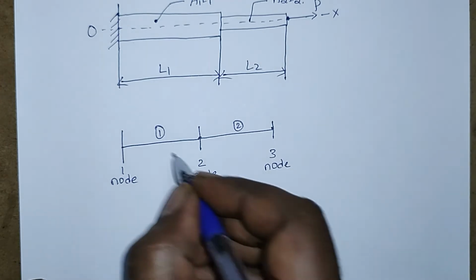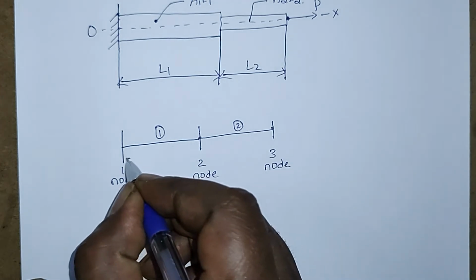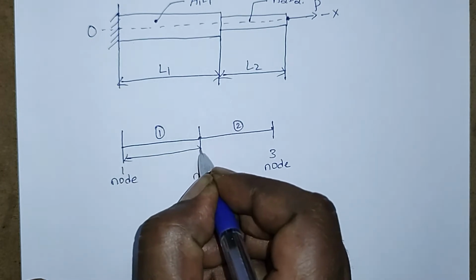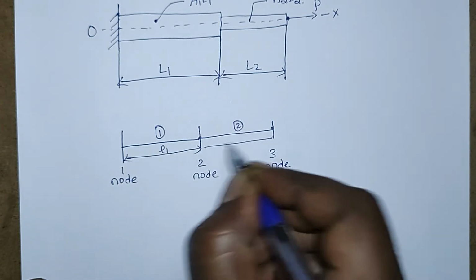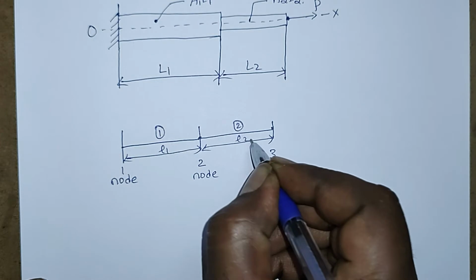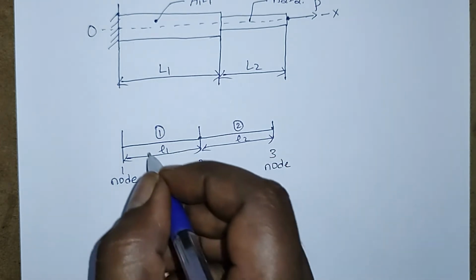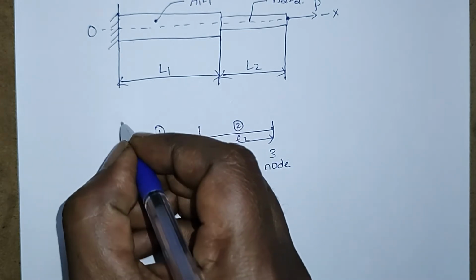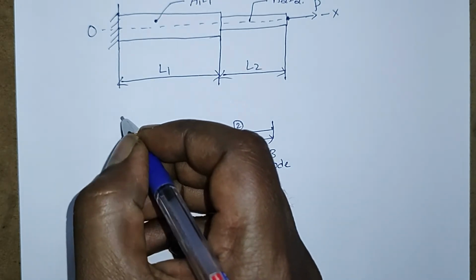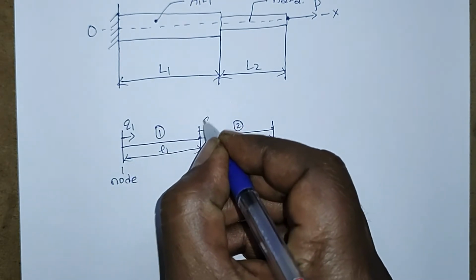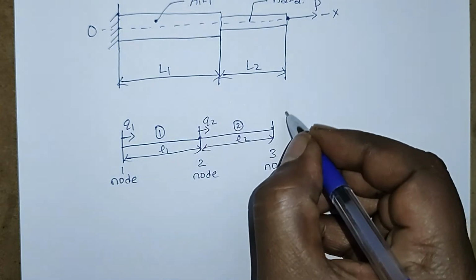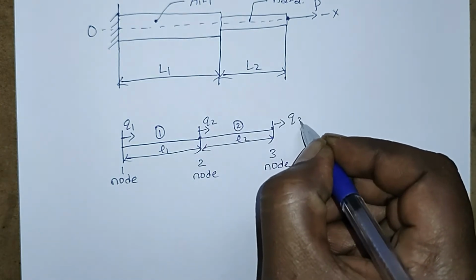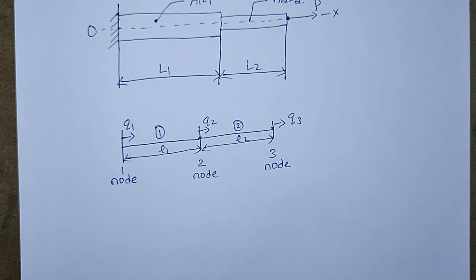We know this is L1, length 1, and this is L2, length 2. Next we can plot the displacements: q1, q2, and q3. Like that we can understand the concept of discretization.